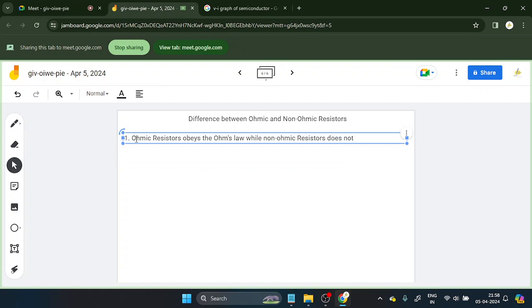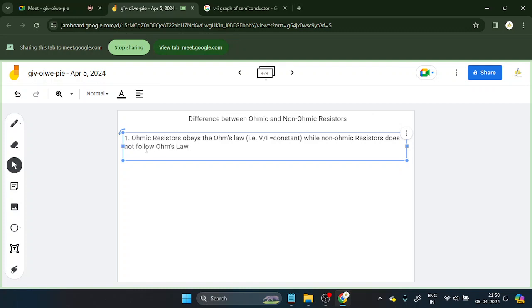Which means the V upon I relationship will be followed. So I can write: ohmic resistors obey Ohm's law. In bracket you can write, that is V upon I is equal to constant, while non-ohmic resistors do not follow Ohm's law. Okay, clear about this?